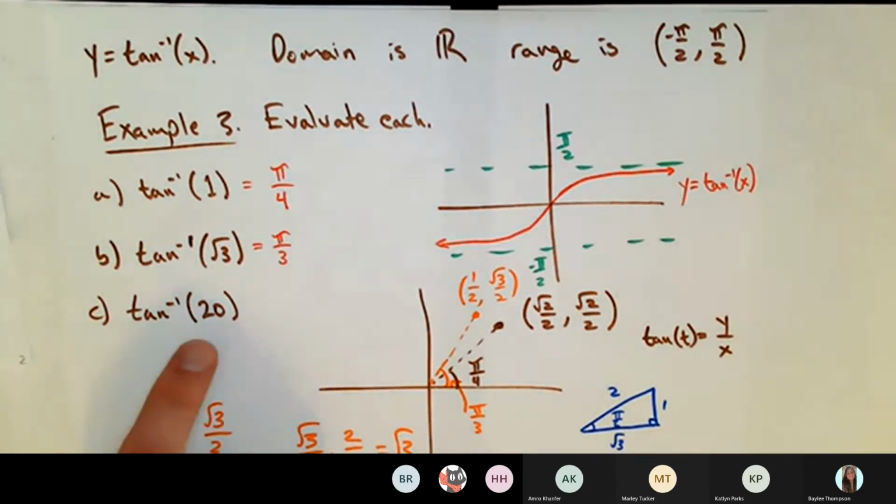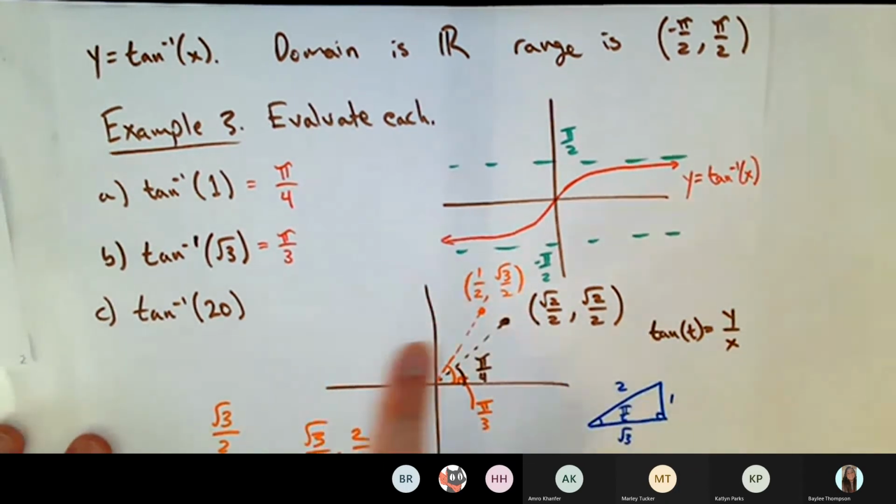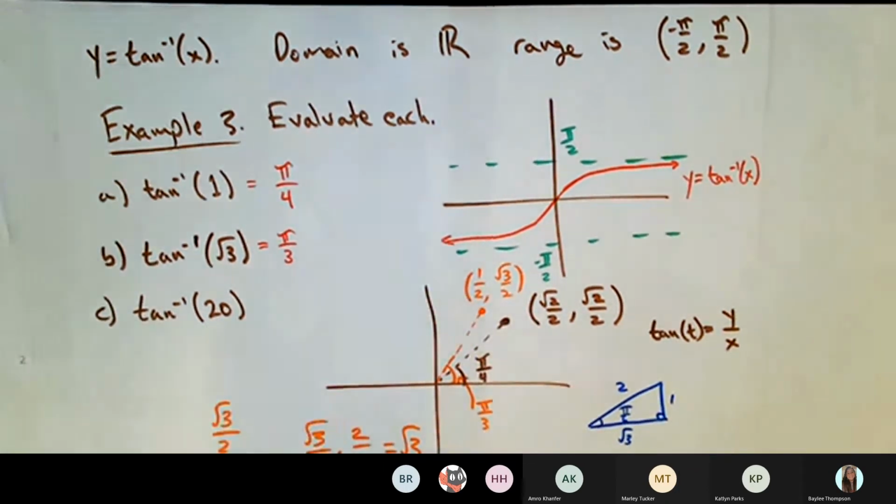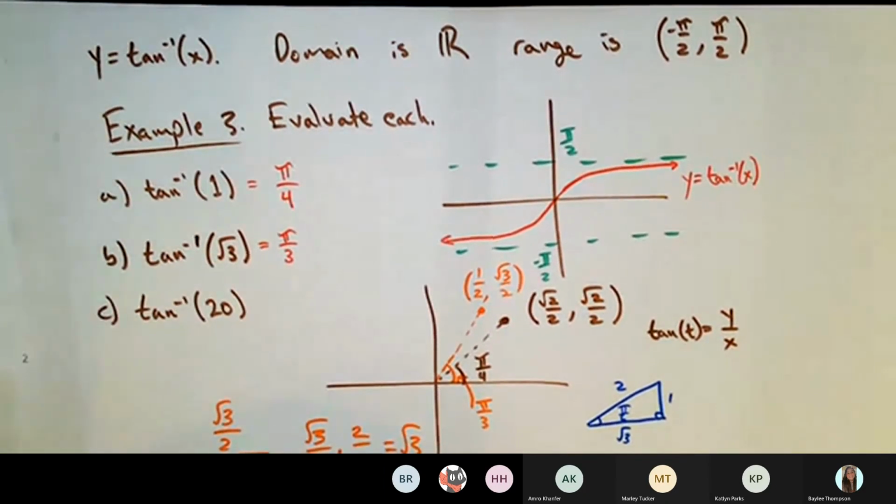It's not like square root of 2 over 2 or square root of 3 over 2 or square root of 3 or 1 over square root of 3 or just a 1 or a 0. It's none of those common values that we expect to see from the unit circle. It's a 20. But when it's not a recognizable value, you can just ask the calculator.